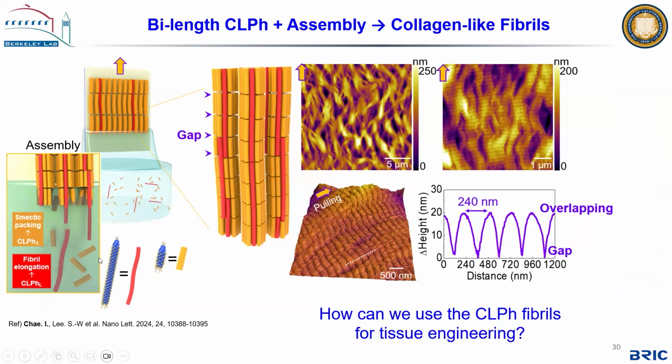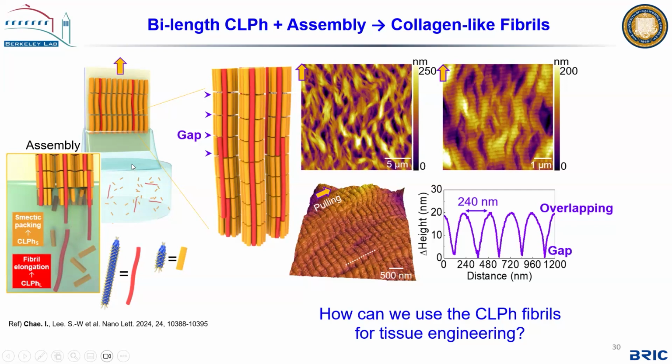And this long phage is assembled on the substrate. They are aligned along the pulling direction of the substrate because they have a higher shear rate, a shear stress on the phage particles. So they are aligned along the pulling direction. So that contributes to the fibril elongation. The short ones have the spectral packing on the surface of the elongated fibrils.